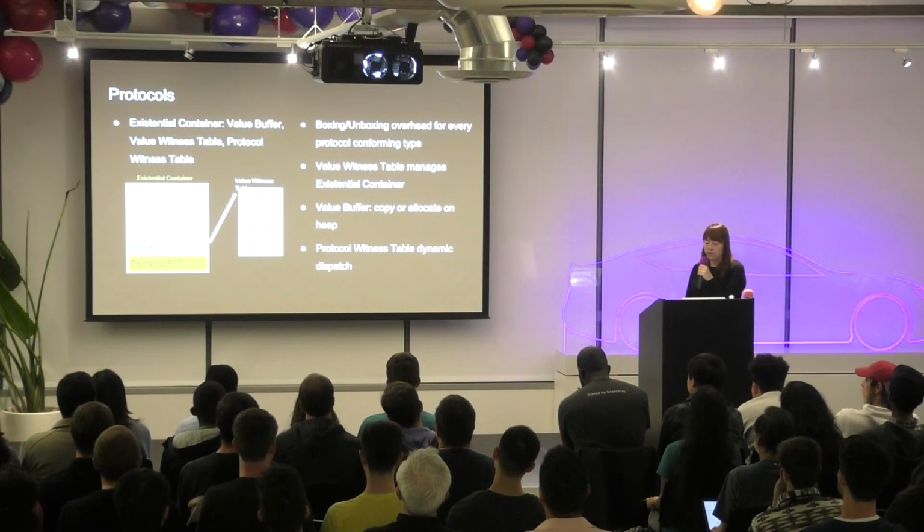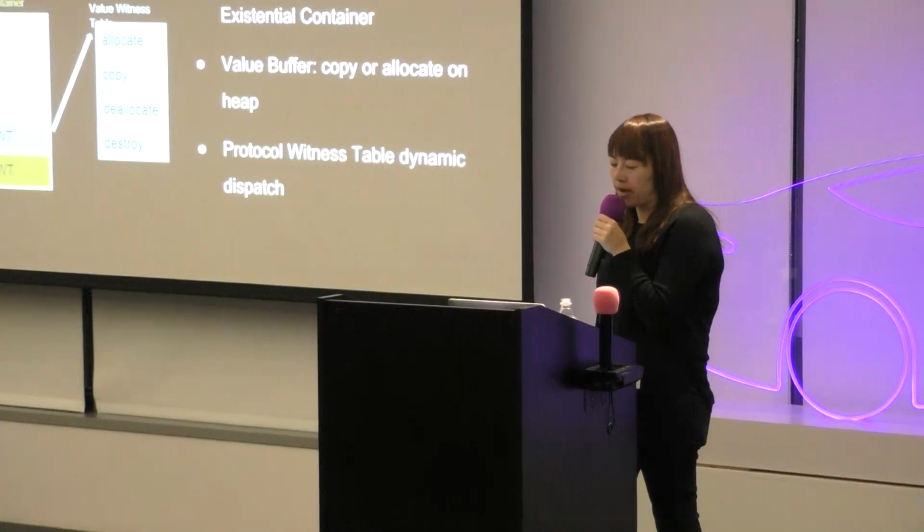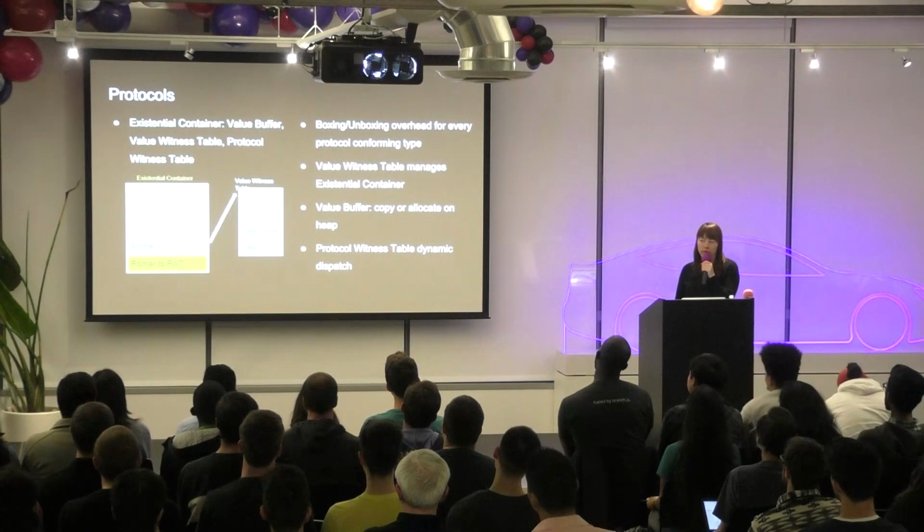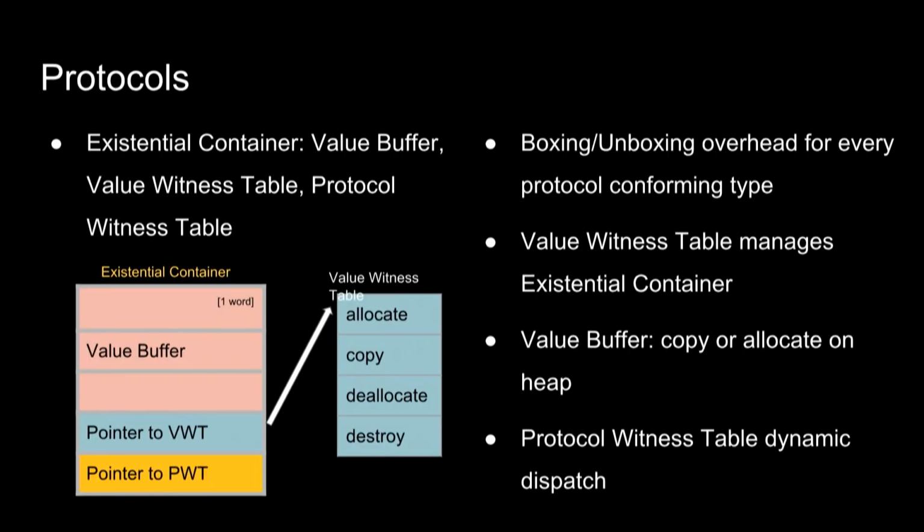The value index table is a table of methods which manage the existential container, such as allocate, copy, destroy, and deallocate. The value buffer contains fields of a value or pointer to a heap buffer containing the value, which conforms to the protocol. It looks up the methods in the protocol index table and performs dynamic dispatch calls. Dynamic dispatch is more expensive than static dispatch because it has a high runtime cost, and it can limit the amount of optimization.